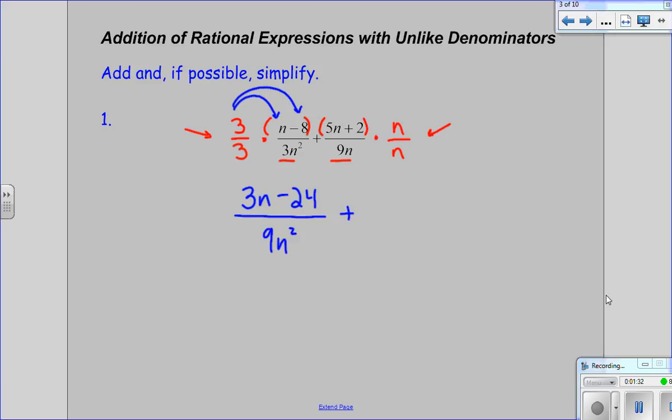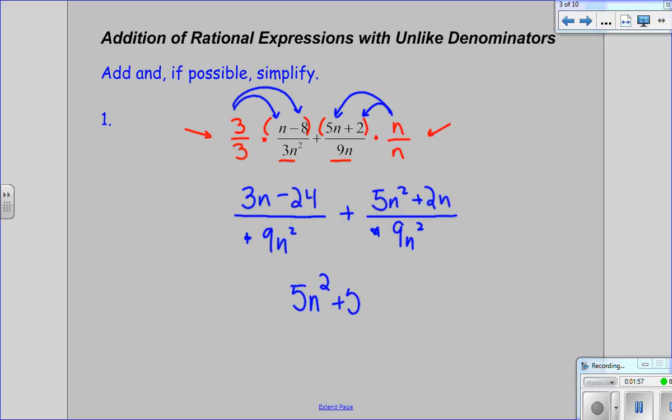Carry down our plus sign, and we rewrite our second rational expression. 5n squared plus 2n over 9n squared. Now we check to make sure we have common denominators, and we do. They're the same. So let's go ahead and add our numerators together. Write it in descending order. We get 5n squared plus 5n minus 24 all over my common denominator of 9n squared.